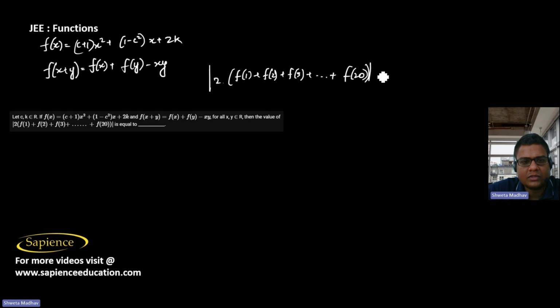And here it is told f of x, that is equal to c plus 1 into x square plus 1 minus c square into x plus 2k. And f of x plus y, that is equal to f of x plus f of y minus xy for all x comma y belongs to R. Then the value of mod of 2 into f of 1 plus f of 2 plus f of 3 plus dot dot till f of 20, that value will be equal to how much?